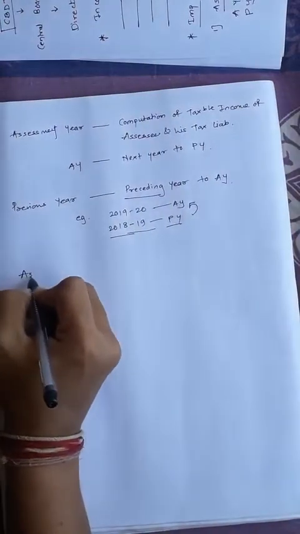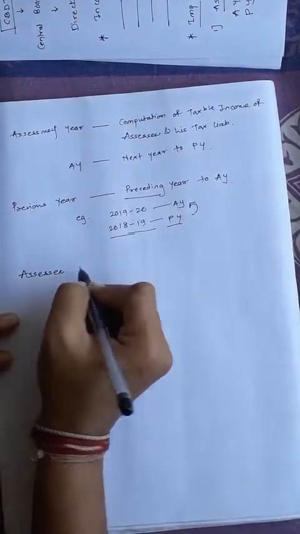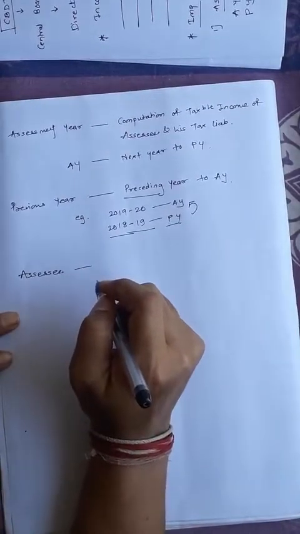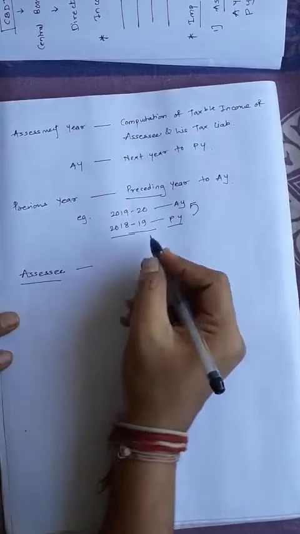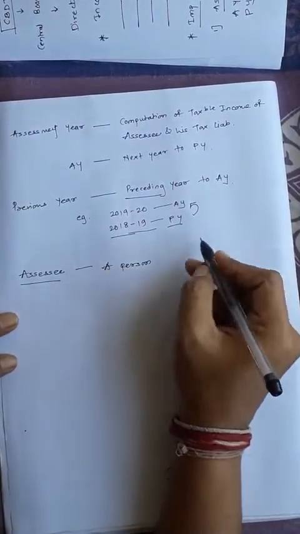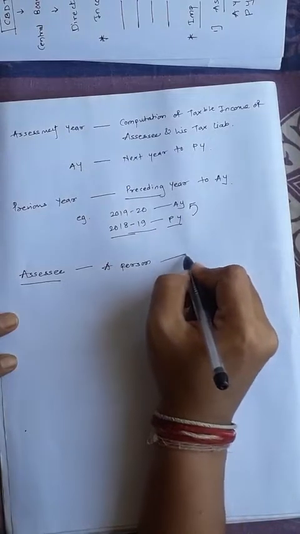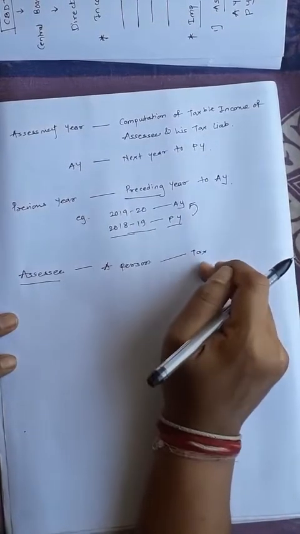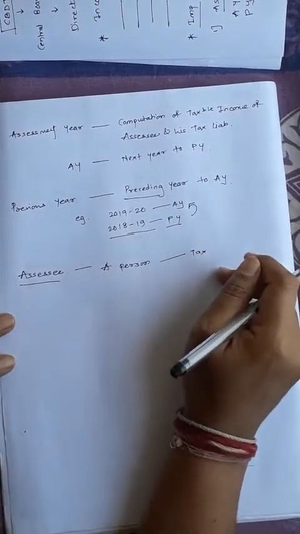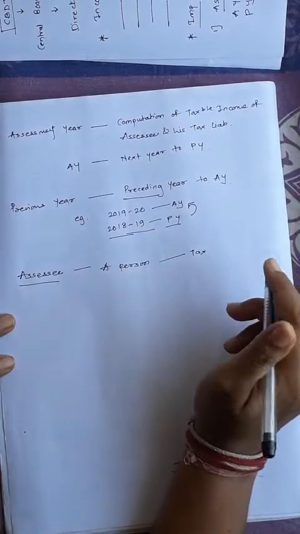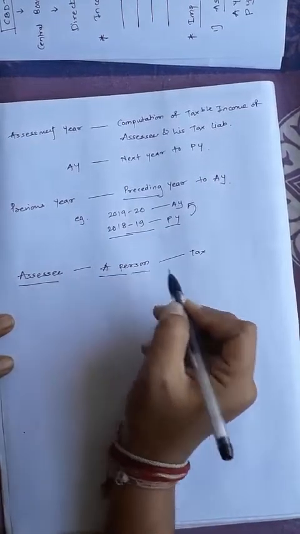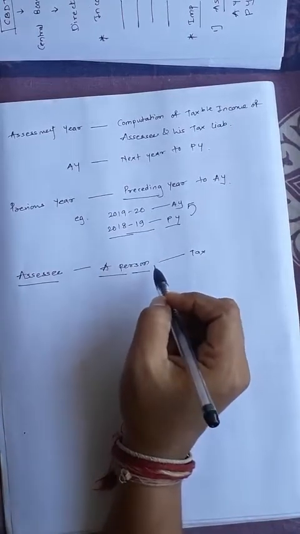Now, what is meant by assessee? As earlier, many times I used the concept assessee. Assessee means a person from whom any tax or any sum of money in the way of penalty or interest is payable under the Income Tax Act 1961. Assessment is done on the income of a person.